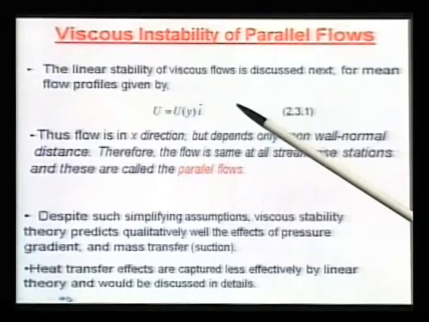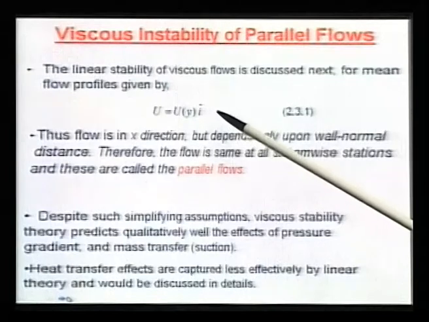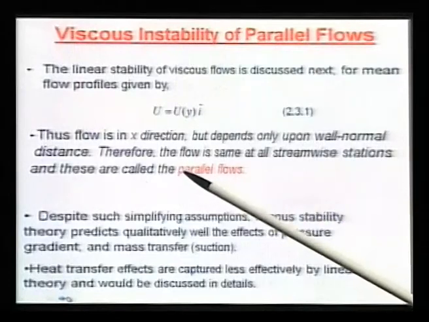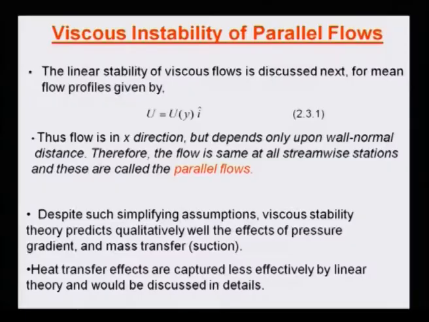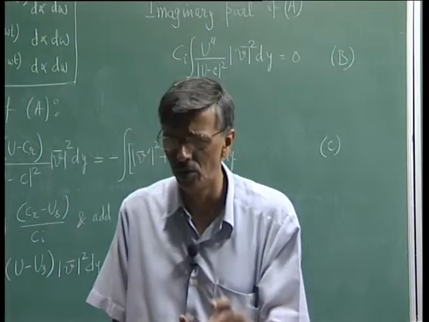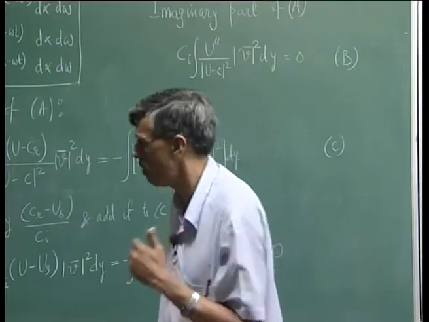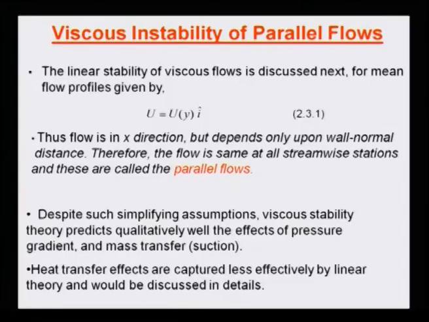That is, u is a function of y only and it is in the streamwise direction. Since we have already talked about it, you know this is a parallel flow. You are saying that all points at different x's at the same y have the same value of u. So, that means the streamlines are parallel, that is why it is called the parallel flow approximation.